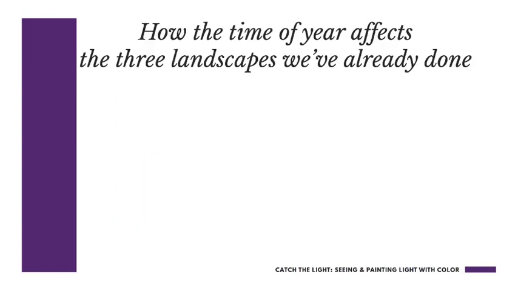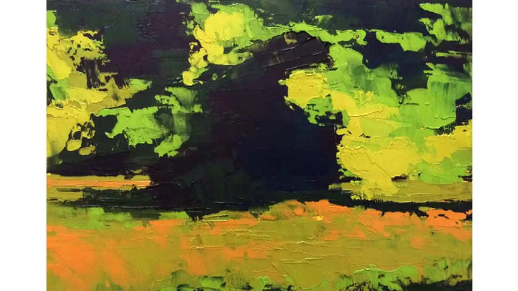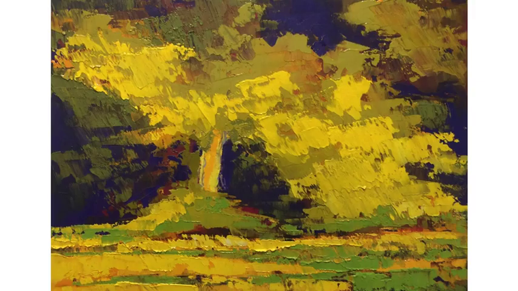So let's look at how the time of year affects the landscapes that we've already finished. Think about the noonday light striking that pecan tree so that you have strong contrast in value, that overhead directional light, and you have very clear neutral to warm light.